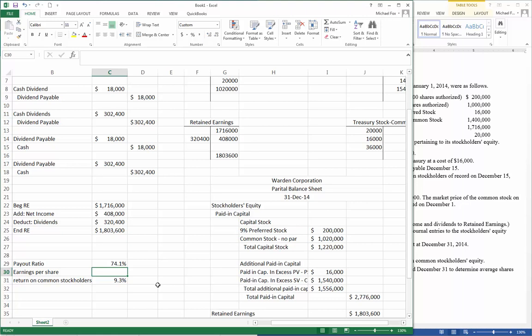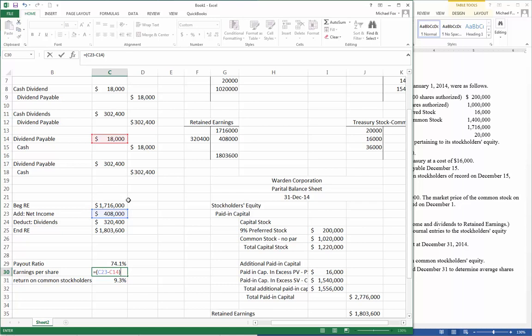We find the net income minus the preferred dividends. Oh, we have the same problem here. The net income minus the preferred dividends. But instead, we have to figure out the number of shares that are outstanding, and that's the average number of shares.